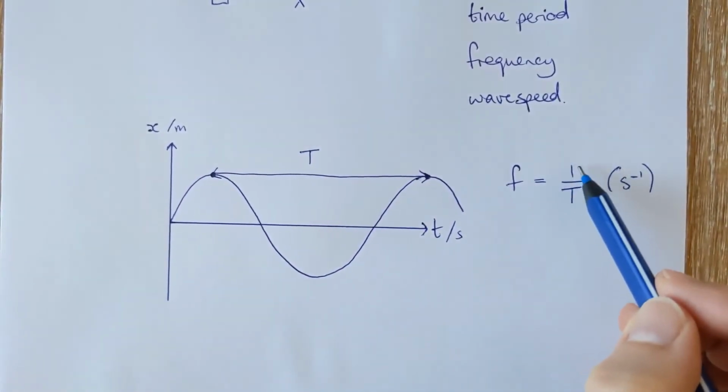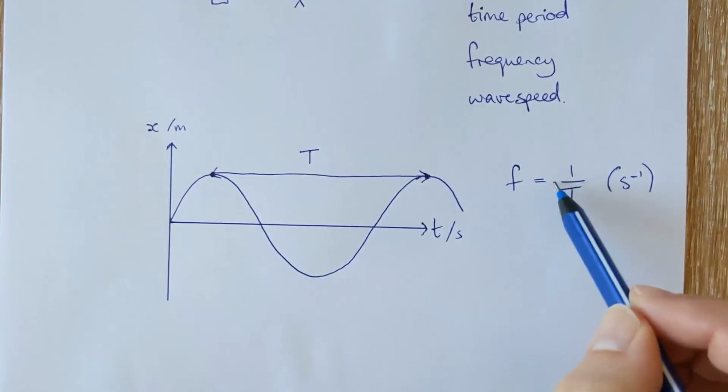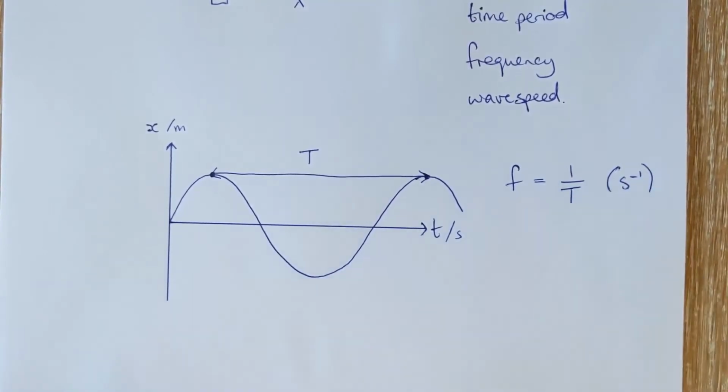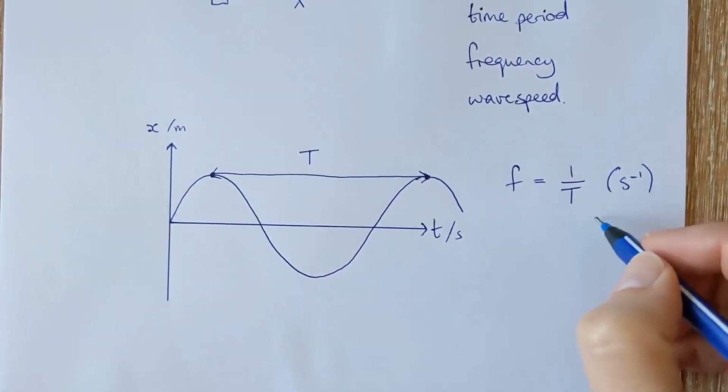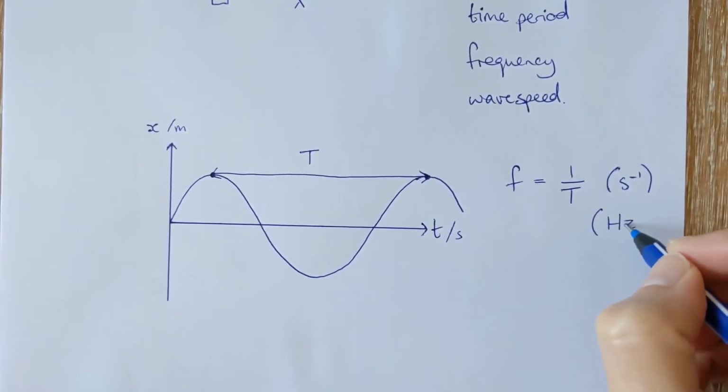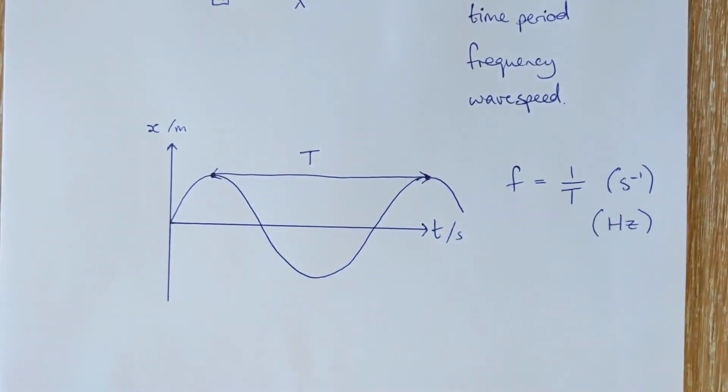This is the number 1, it doesn't have any units, but this is a divide, and so it's per second. Of course, the standard units for frequency are hertz. So 1 hertz is 1 wave per second, or 1 s^-1.